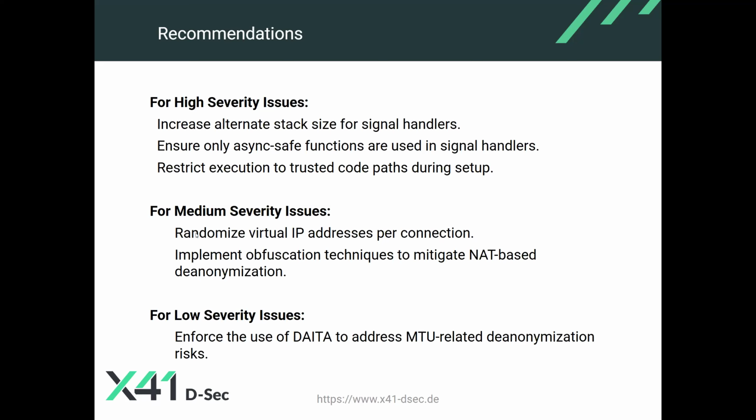For the medium severity ones, if you randomize the virtual IP addresses per connection, I think that was done, this kind of leakage attack against the identity or pseudonym of that user is not possible. Also obfuscation techniques to mitigate this NAT-based de-anonymization can help. We think it's important that users know these limitations.